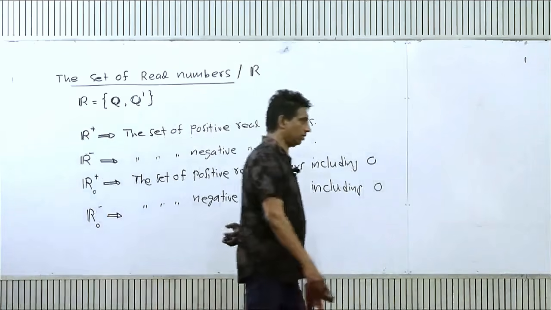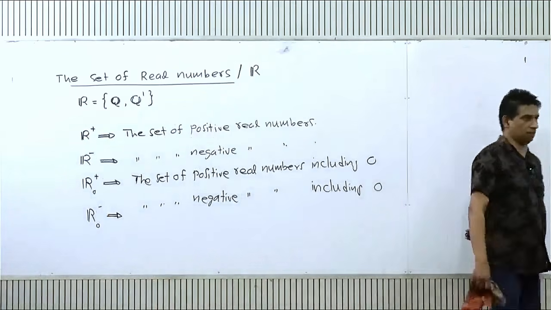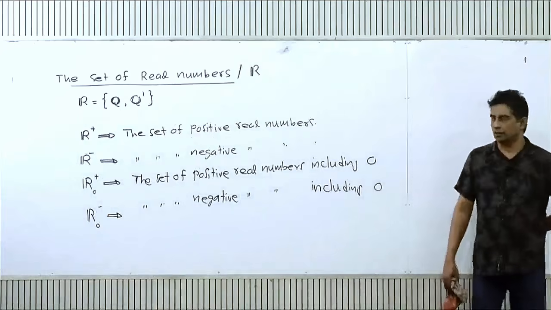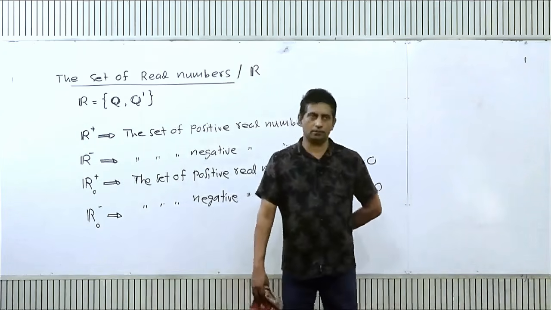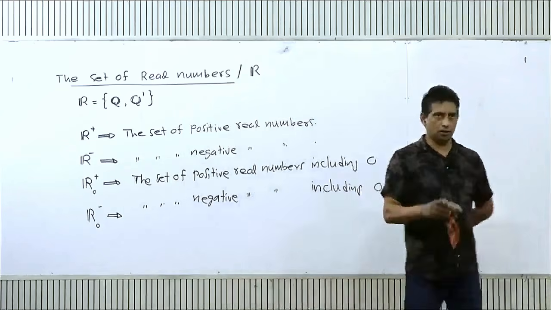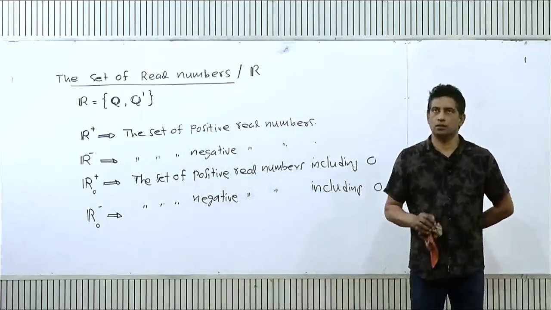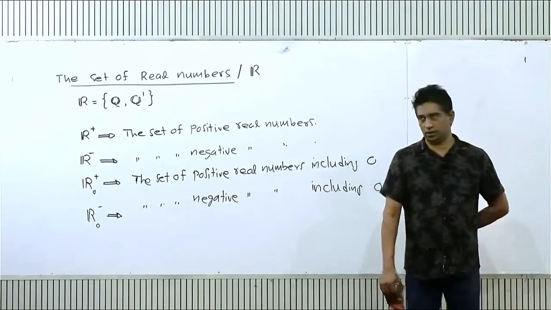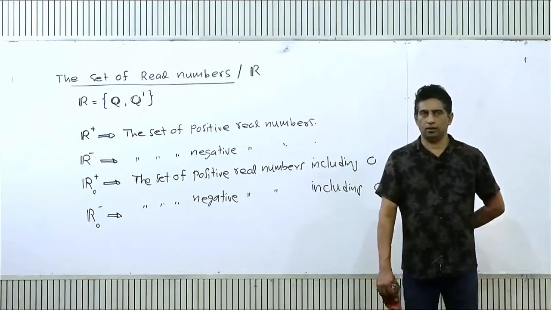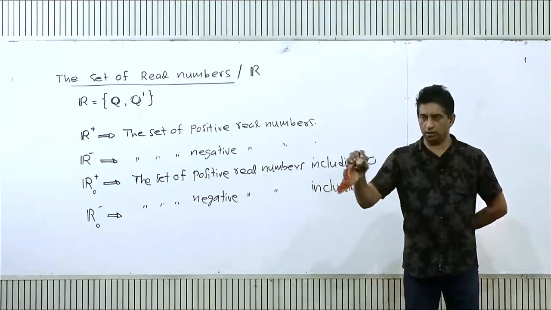Now we have learned the number sets. Then the second topic: we can mark these real numbers as points on a straight line.